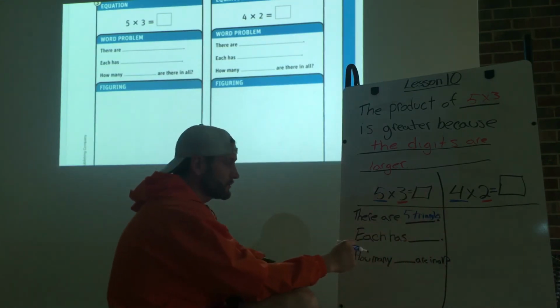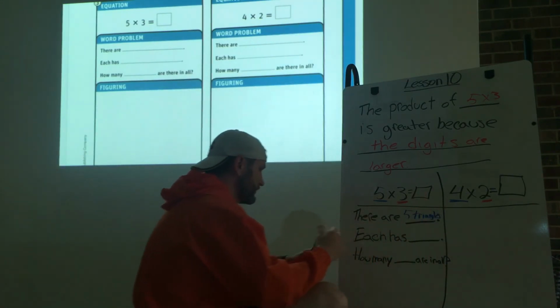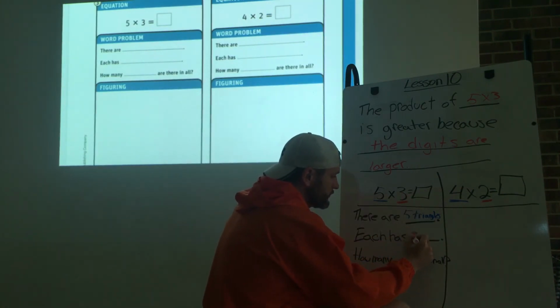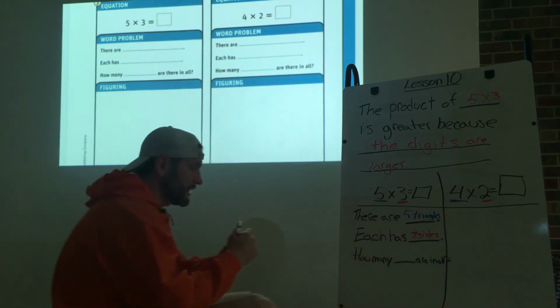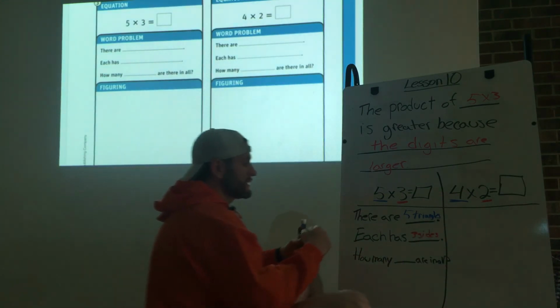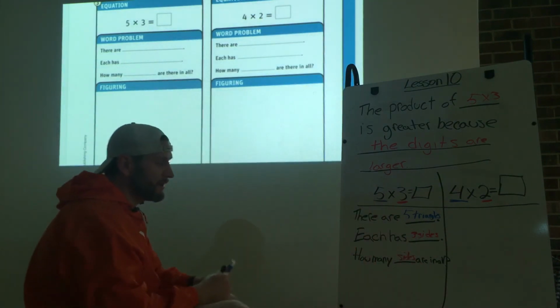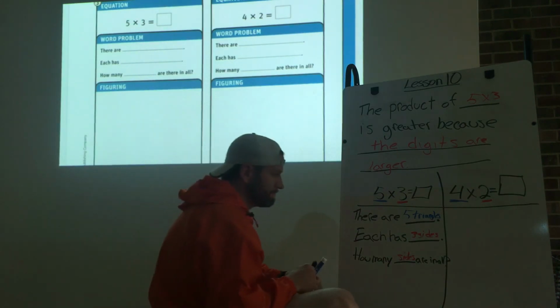Each has 3 sides. How many sides are there in all?